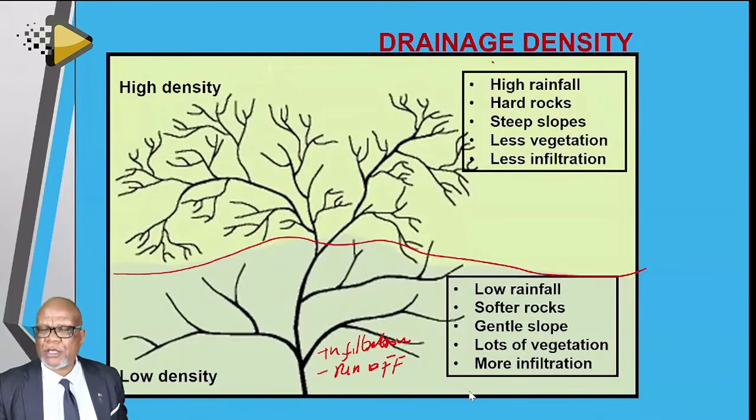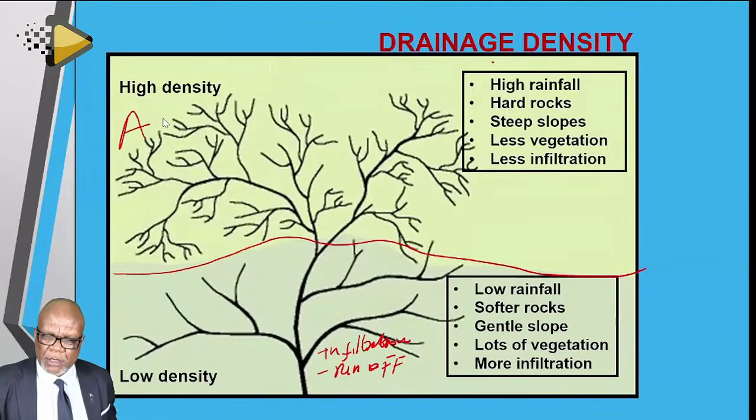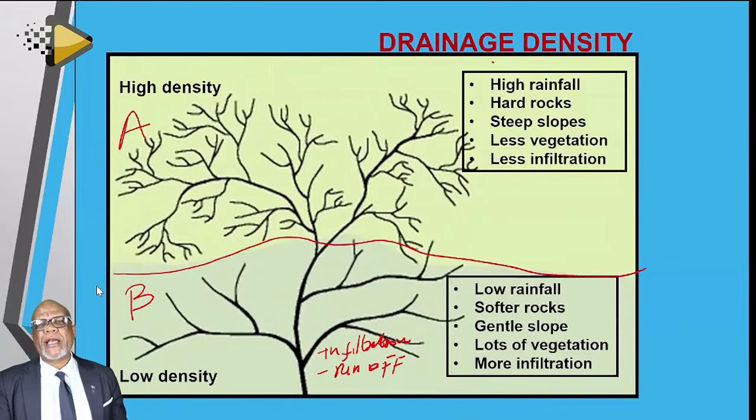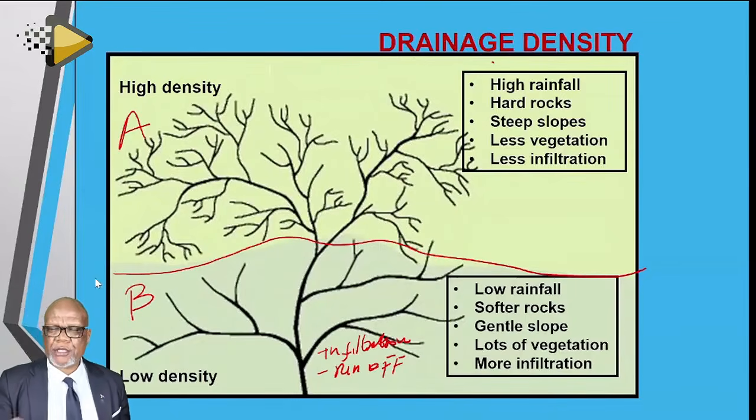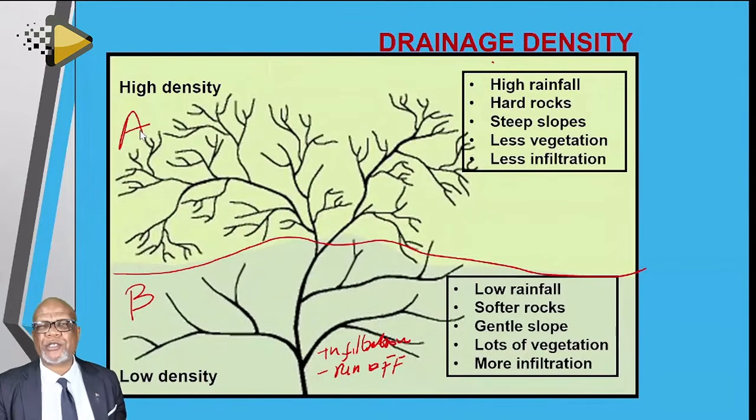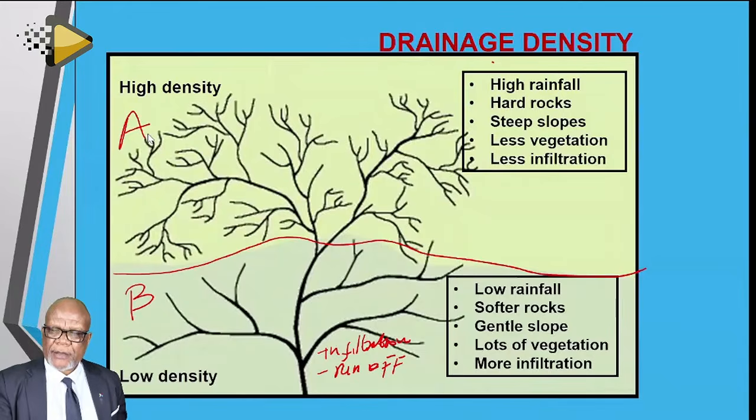Number one will be vegetation. If you get a question that says, explain how vegetation influenced the drainage density at A, and this is A, and this is B, you will say, at A, there is less vegetation.